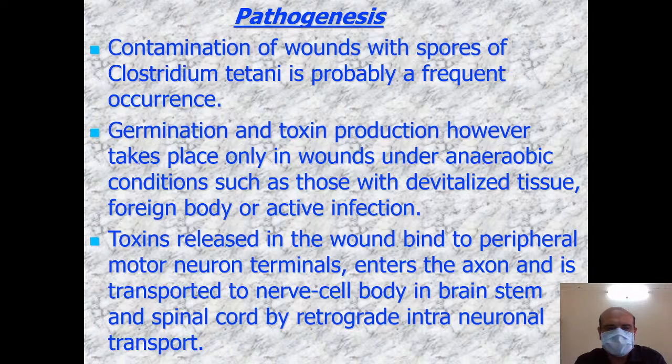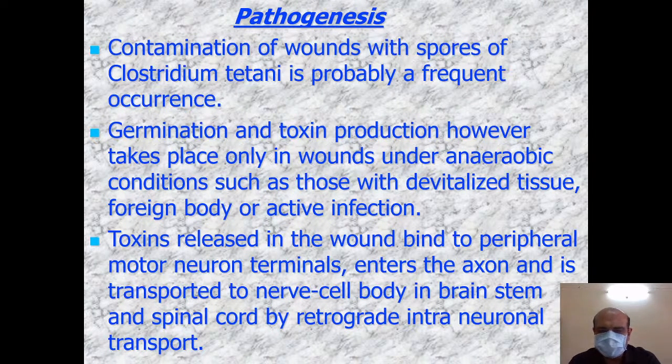Germination and toxin production, however, take place only in wounds under anaerobic conditions, such as those with devitalized tissue, foreign body, and active infection.